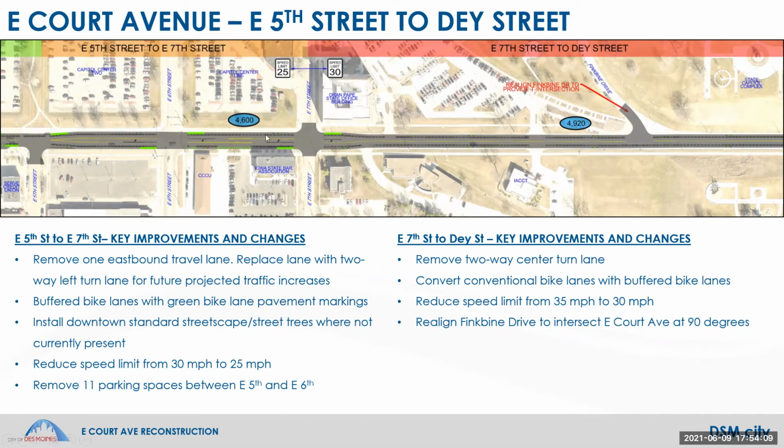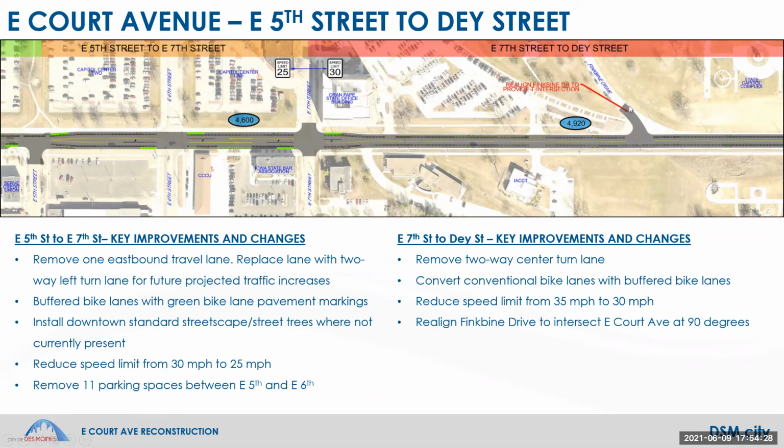As Steve mentioned, and I mentioned, this stretch between East 5th and East 6th will be removing some not very heavily used parking spaces. And this stretch between East 6th and East 7th, there actually is currently no on-street parking.